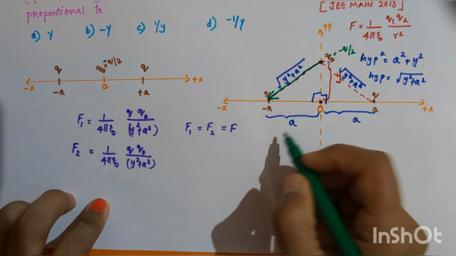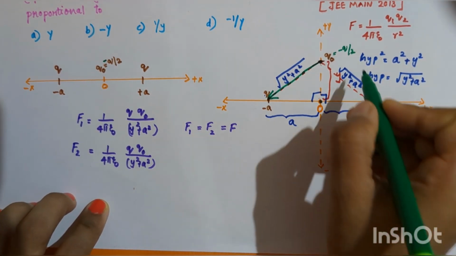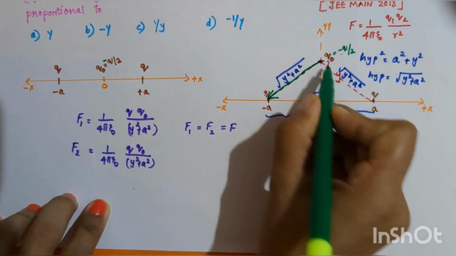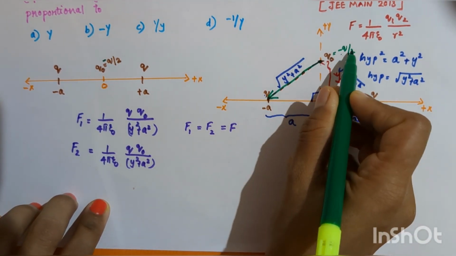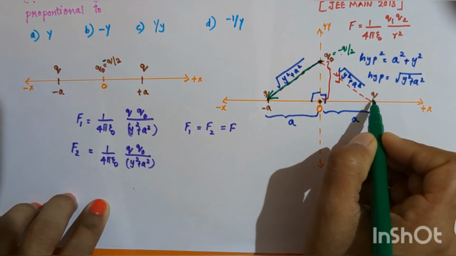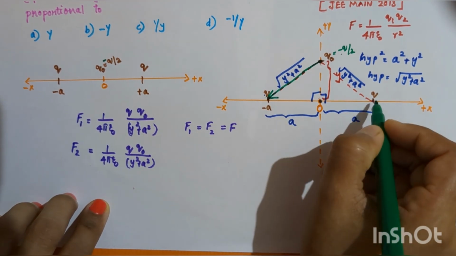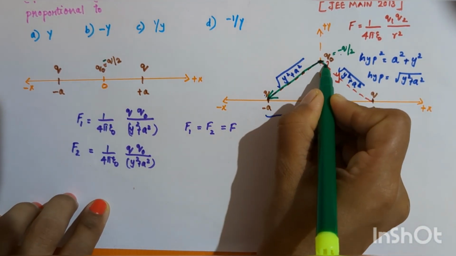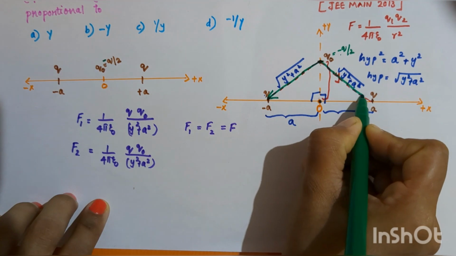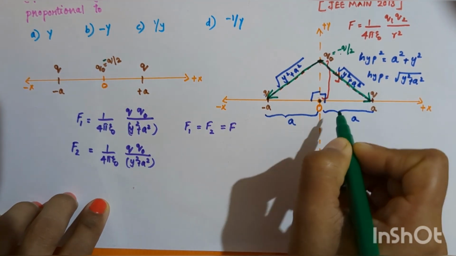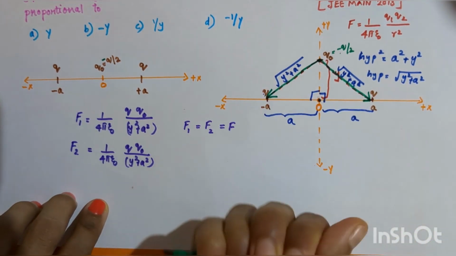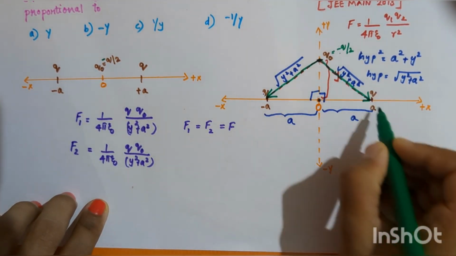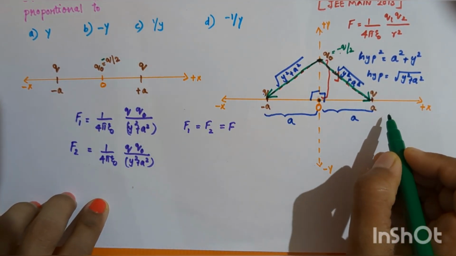Right. Similarly, there is a charge plus q here and a negative charge here, so there will be a force of attraction between them. So the force on q0, which is minus q by 2, due to this q is an attractive force. That is, this charge q will try to attract q0 along this direction.